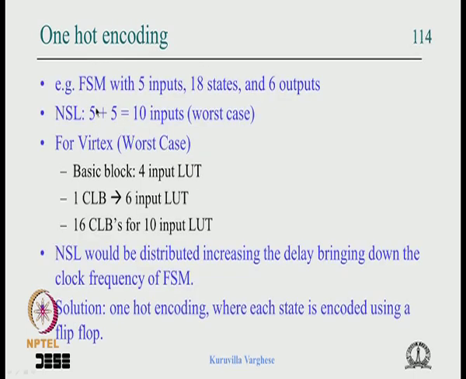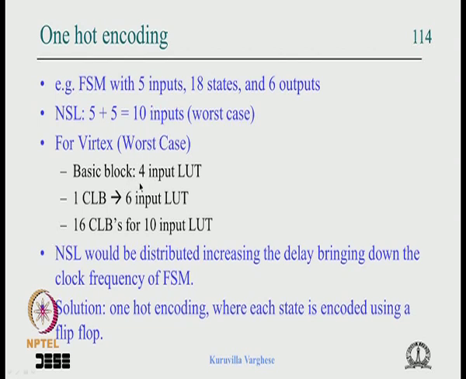Assume that in some case all the inputs are used. Less likely, but let us assume the worst case. So there are 10 inputs for the next state logic, and once again we assume the worst case in the Virtex.